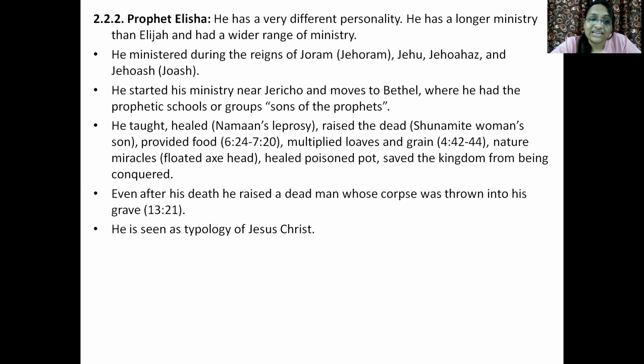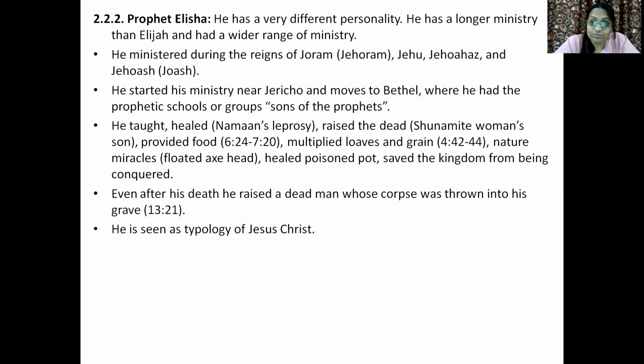Even after his death, he is one person who has been doing miracles. When he died and was buried, a corpse was thrown into his grave in a hurry. When this man's body touched the bones of dead Elisha, the man jumped back to life.